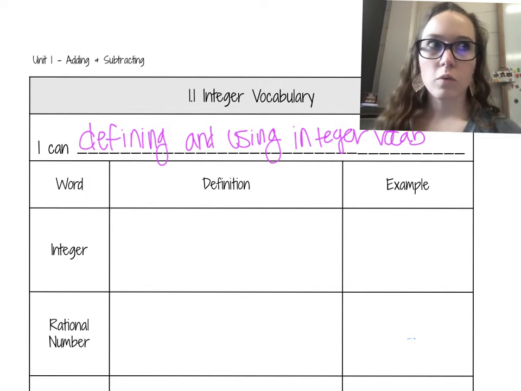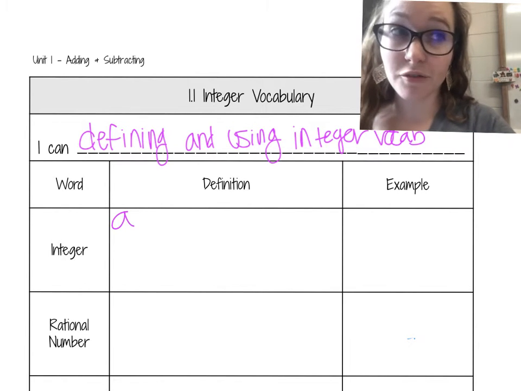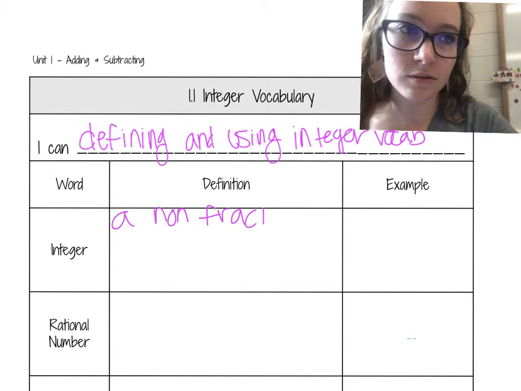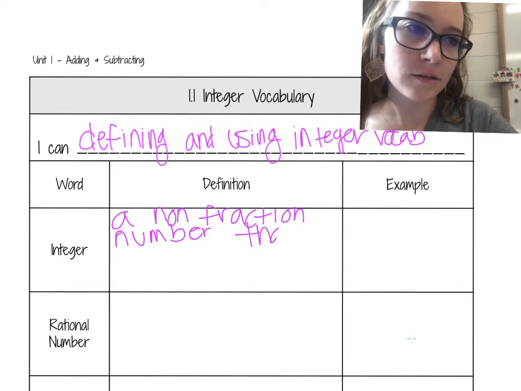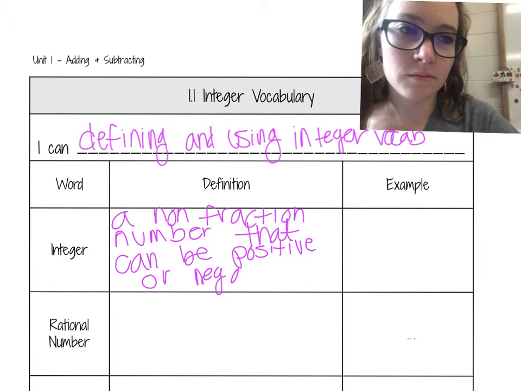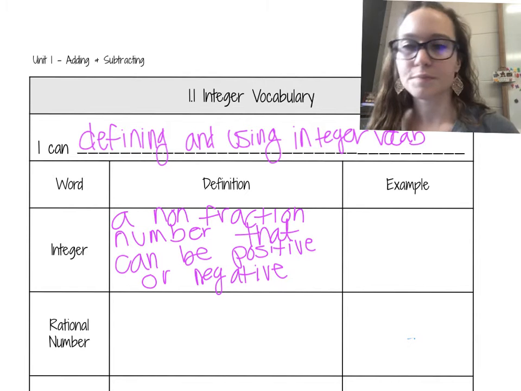So what is an integer? An integer is a number, well, a non-fraction number actually, that can be positive or negative.